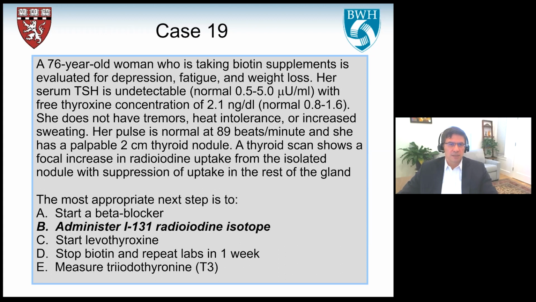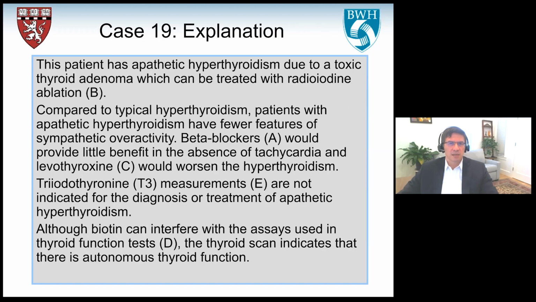and the right answer is B, administer I-131 radioiodine isotope. This patient has apathetic hyperthyroidism due to a toxic thyroid adenoma, which can be treated with radioiodine ablation. Compared to typical hyperthyroidism, patients with apathetic hyperthyroidism have fewer features of sympathetic overactivity.